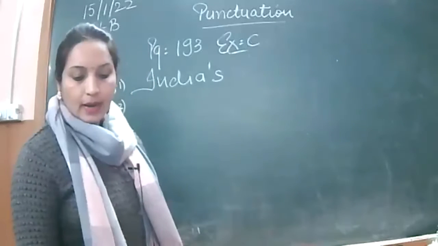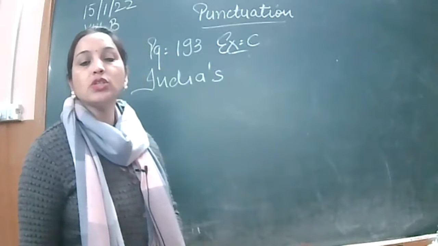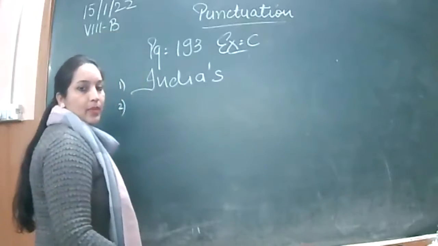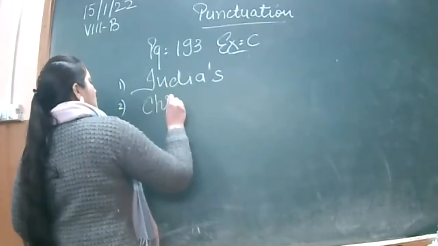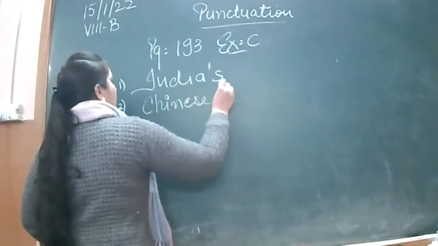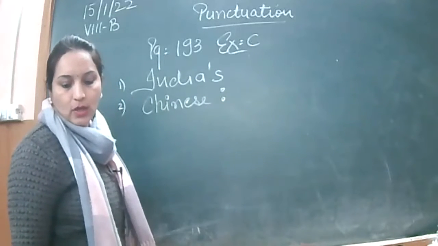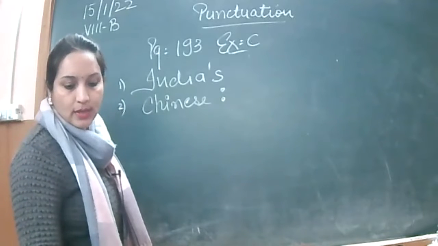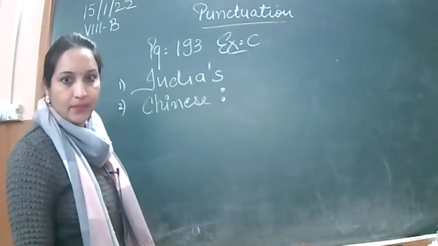Now tell me, Indians have one advantage over the Chinese. Where to use which punctuation mark? Yes, after Chinese, you will be writing a colon. After Chinese, the knowledge of English. Next. The AC in our office has one problem.